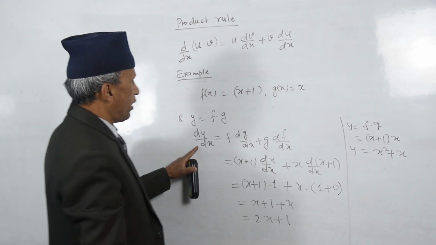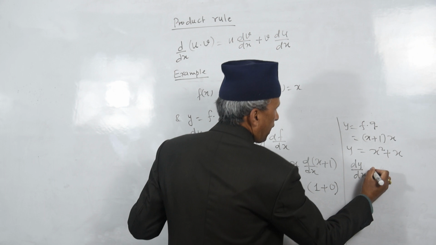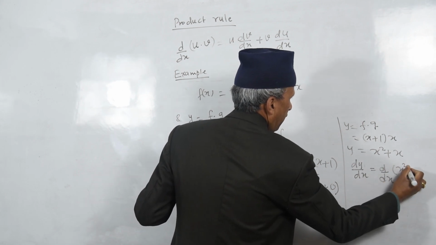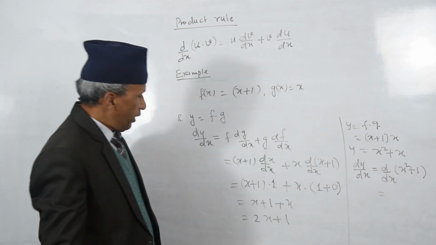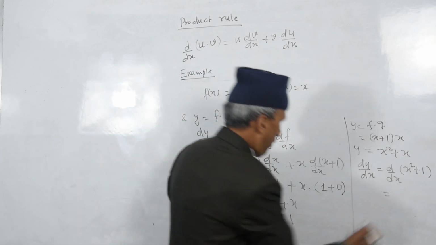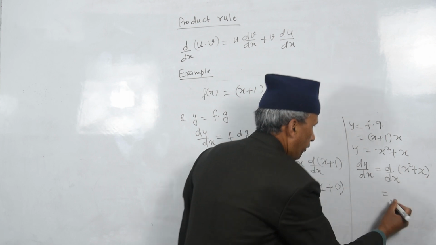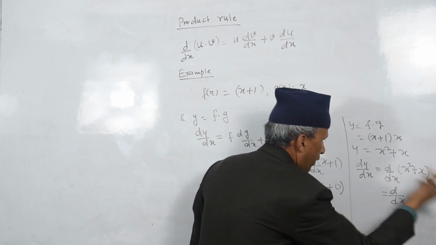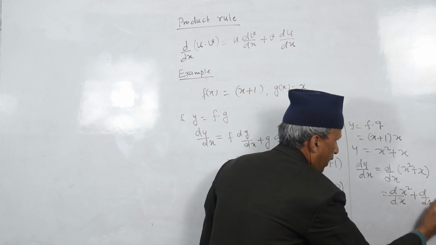When you take the derivative, dy by dx is d by dx of x square plus d by dx of x.